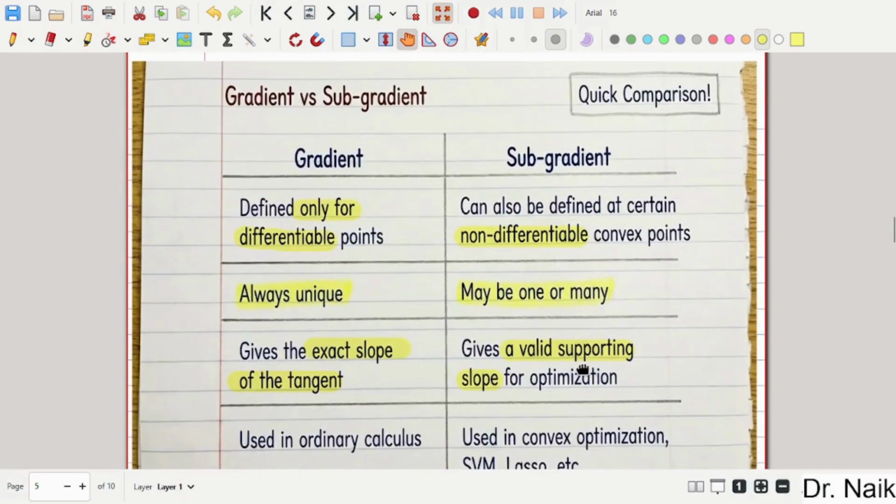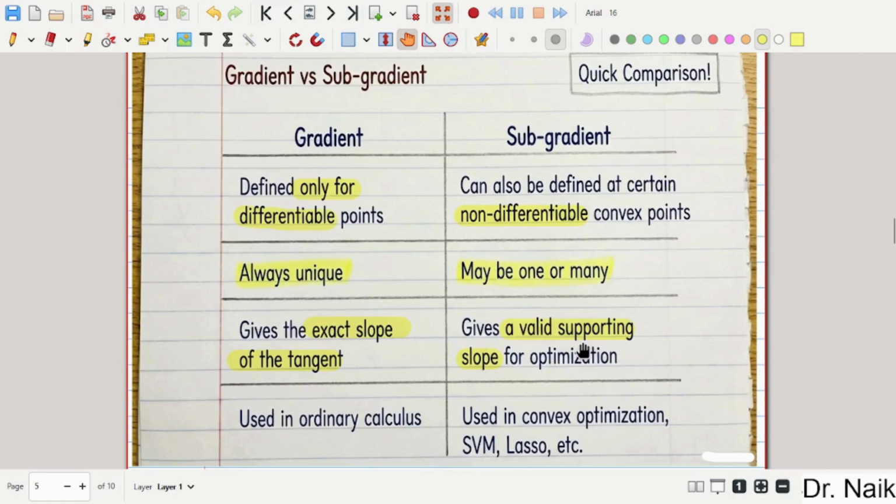Now let us compare the gradient with the subgradient. A gradient is defined only for differentiable points, whereas a subgradient can also be defined at certain non-differentiable convex points. A gradient is always unique, and a subgradient may be one or many.